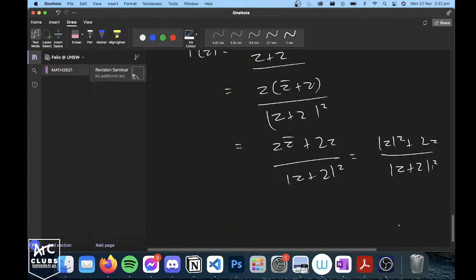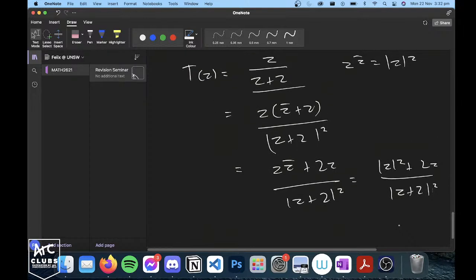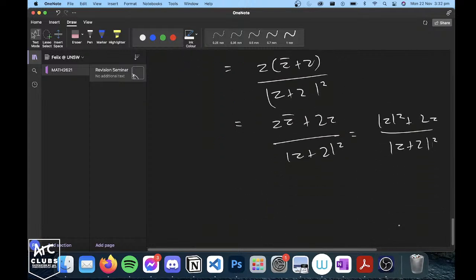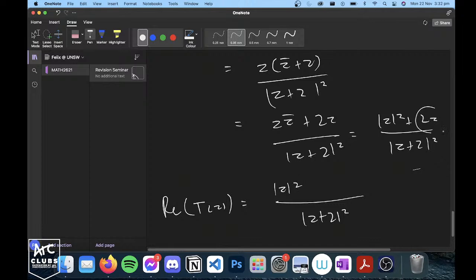So I guess this is not necessarily intuitive, but one of the things you could do here is to take the real part of this. The real part of T of z equals everything over |z + 2|^2, because the denominator is real already. And the real part of the numerator?